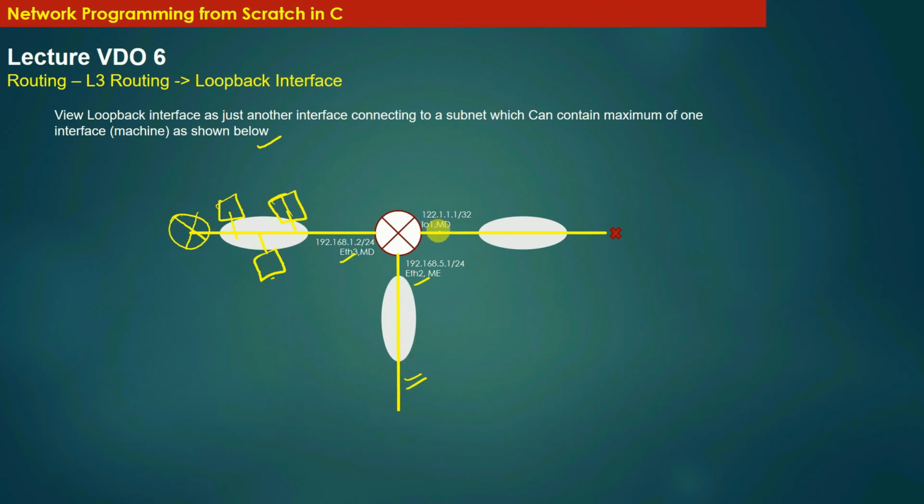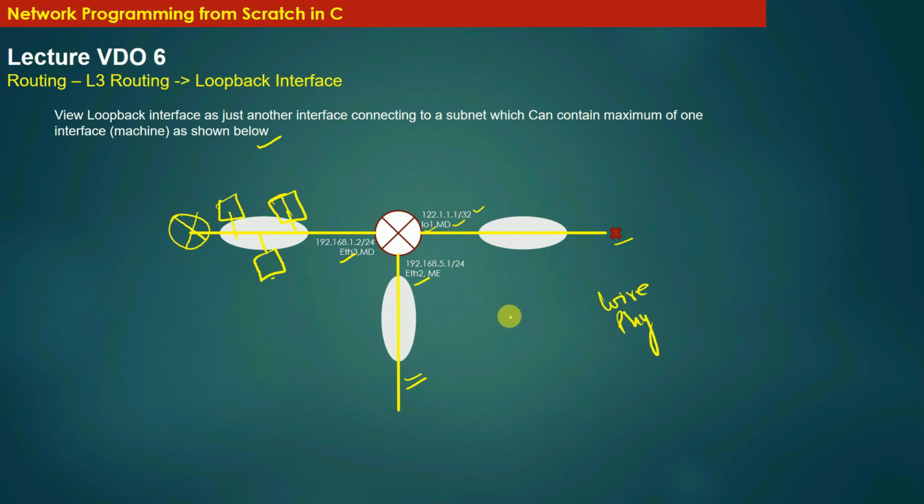But the third interface is the loopback interface. You can see that the loopback interface also has a MAC address. It also has a name. It also has an IP address. But for loopback interfaces, there is no peer. That is, you cannot have any host machine connected on the other side of a loopback interface. The reason is that loopback interfaces are not physical interfaces, they are not wire, they are just software-based interfaces.